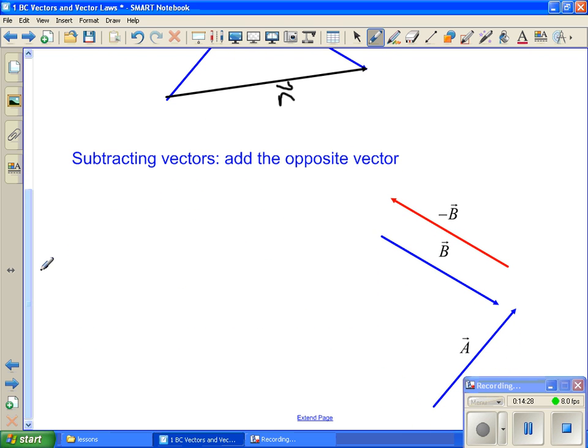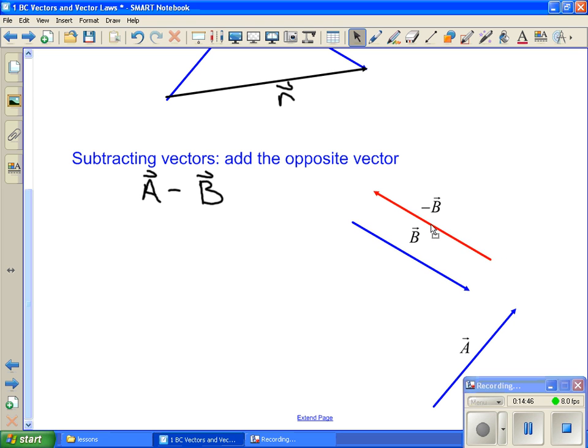If we want to subtract 2 vectors, let's say instead we wanted to do vector A minus vector B. Subtracting vectors means adding the opposite vector. So we've got vector B over here, and I've also created another vector which is the opposite of vector B. Opposite just means it has the same magnitude with the opposite direction.